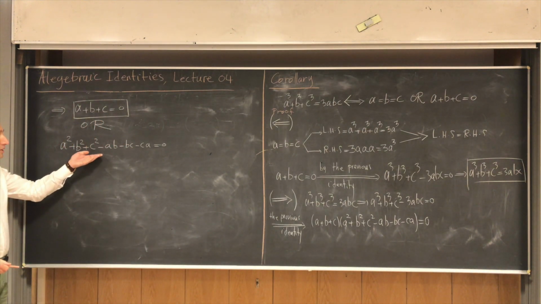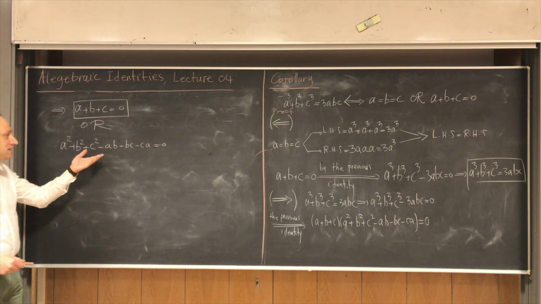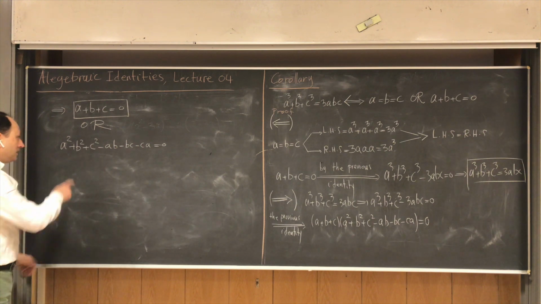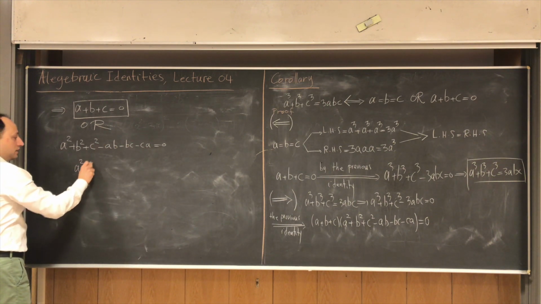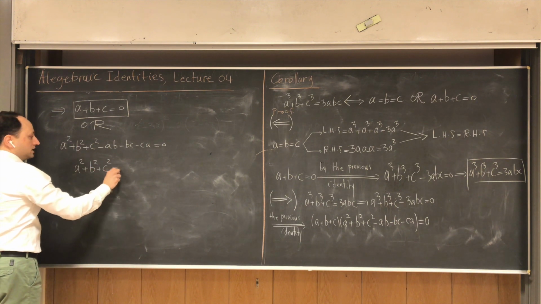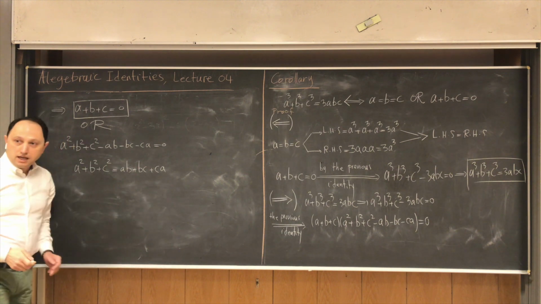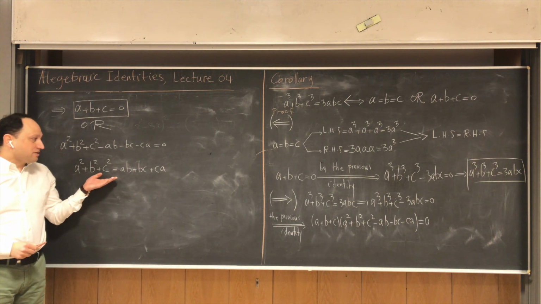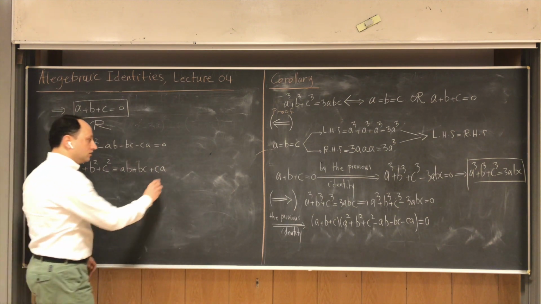But if you remember algebraic, I don't remember exactly what was the lecture. I think it was the third lecture. If you remember, there is one theorem there, yes? Do you recognize that? I move these 3 to the right. Then it becomes A squared plus B squared plus C squared is equal to AB plus BC plus CA. And I proved this as a theorem that if this is equal to that, you can immediately conclude what?